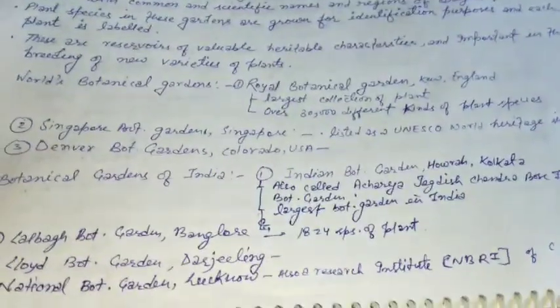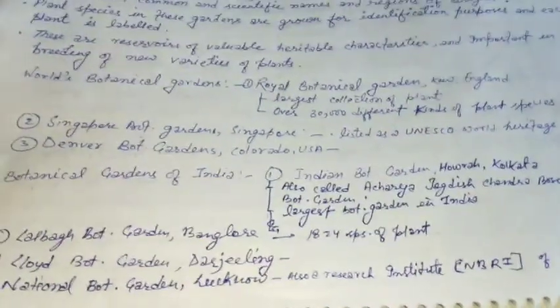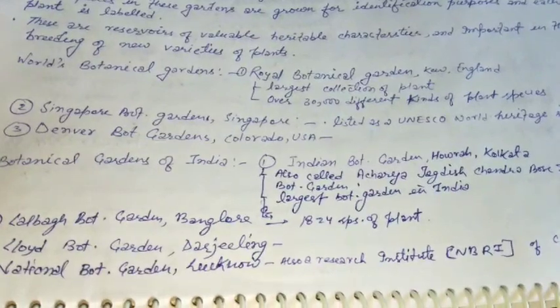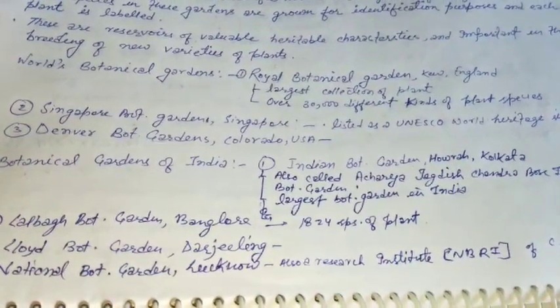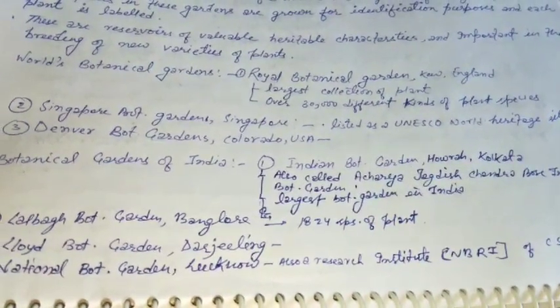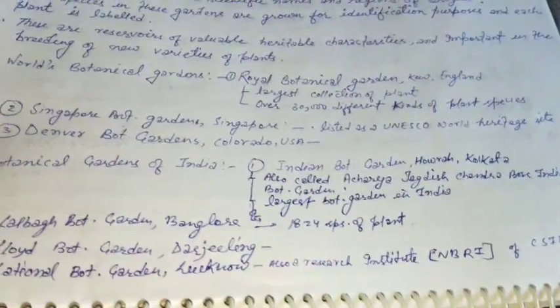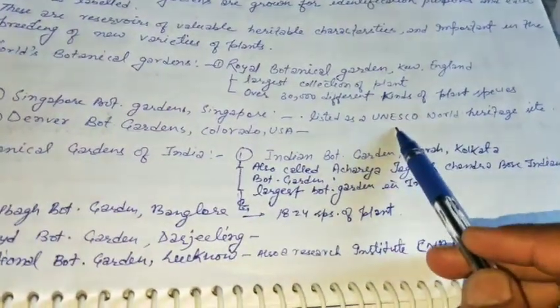The second botanical garden of the world is the Singapore Botanical Garden. It is located in Singapore and it is listed as a UNESCO World Heritage Site.